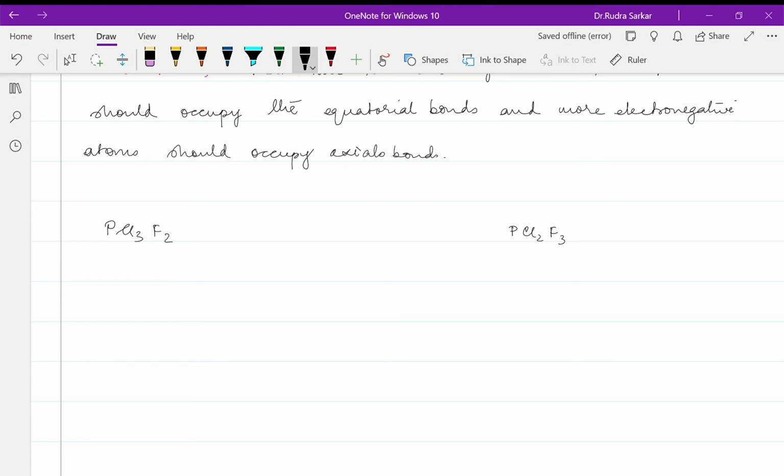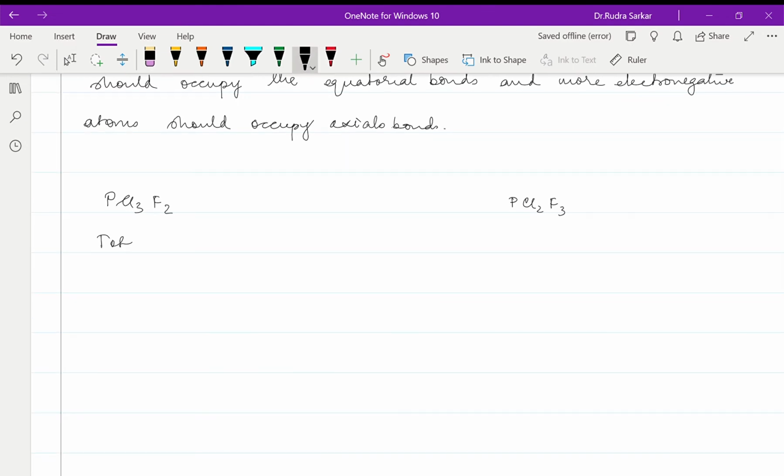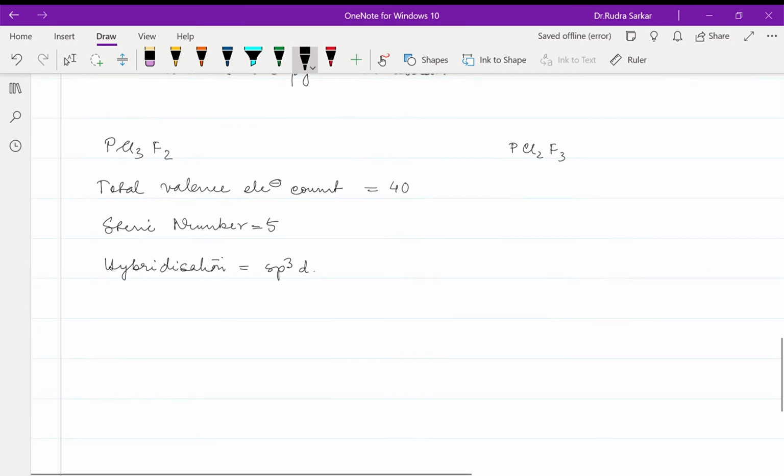Now here also we can see if we do the total valence electron count, it is going to come out to be 40, and 40 is again greater than 8, so the steric number will be 5 initially, and so the hybridization will be sp3d.